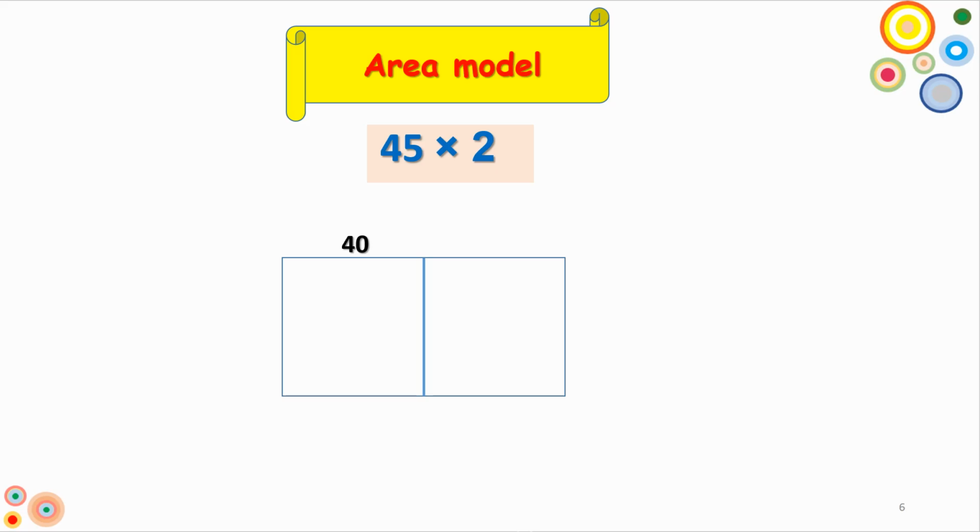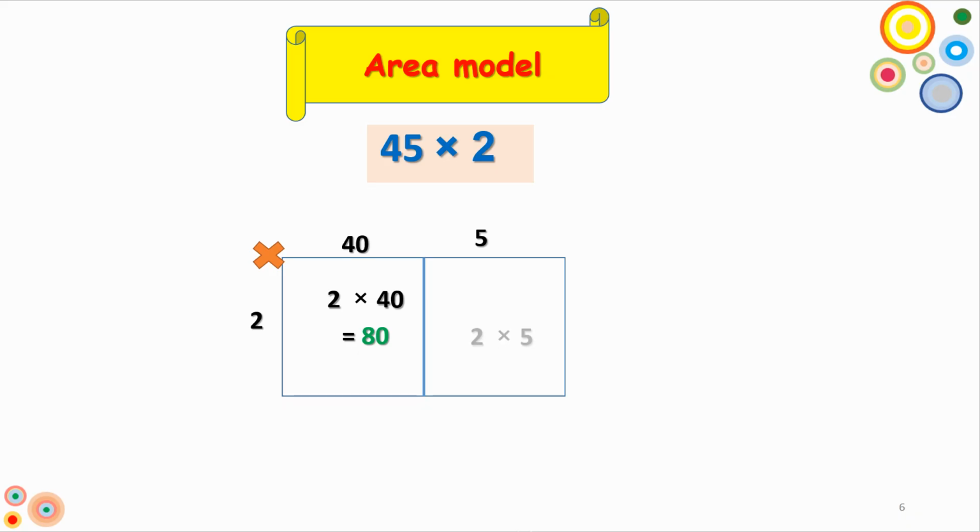Decompose means the value of each number. 40 and 5. What shall we put in the short side? 2. So let's try to multiply 2 by each one. 2 times 40, 2 times 4, 8. And drop 0 from powers of 10. Okay? 2 times 40, it will be 80.